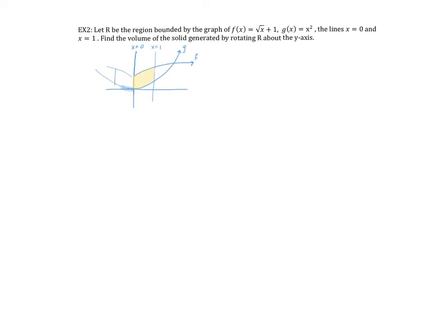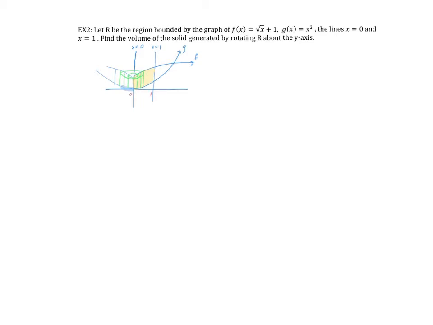And to compute the volume, we'll go ahead and look at the height of a shell, and another height of a shell with a corresponding, right? So we're just creating this volume by looking at these shells that we're going to add up from x is 0 to x is 1.